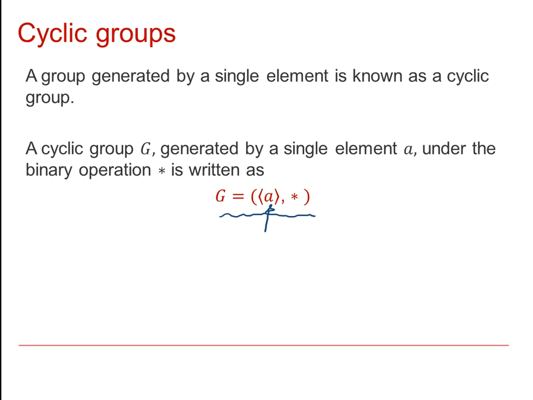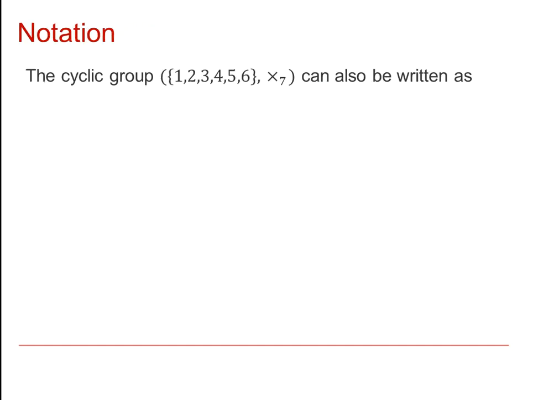So for example, the cyclic group that we were talking about could be written as the group generated by 3 with the operation multiplication modulo 7. Or of course we could write it as 5 with multiplication modulo 7, because 3 and 5 are both generators of the whole group.